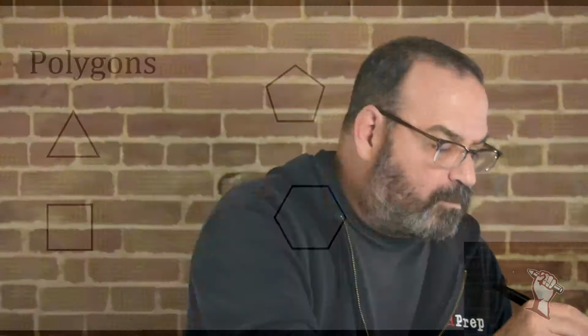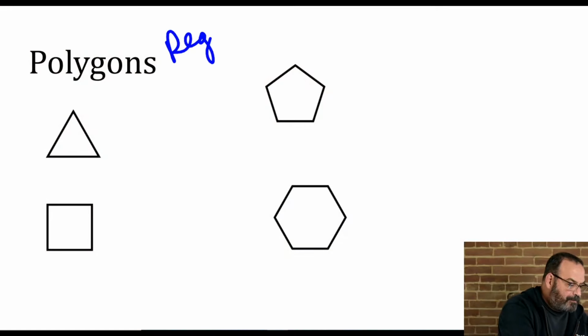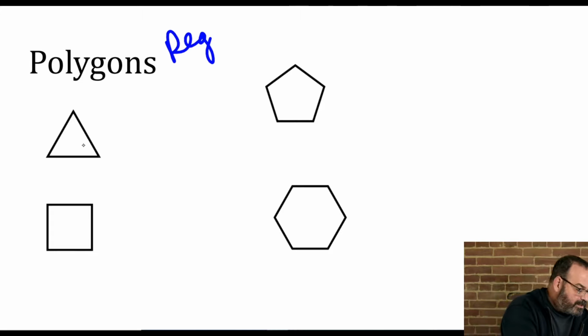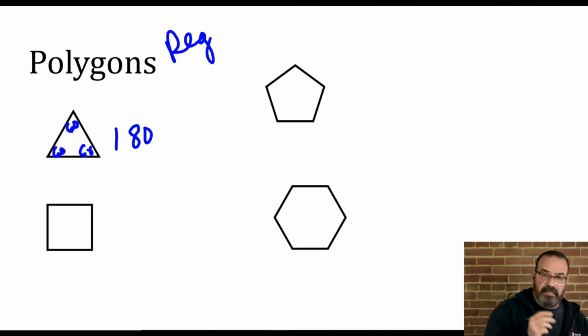All right, what's up next after quadrilateral? Polygons. I wanted to do regular polygons here. And of course, I already talked about a regular triangle, which is 60 degrees, 60, and 60, so the total is 180. The sum of the three angles is 180.